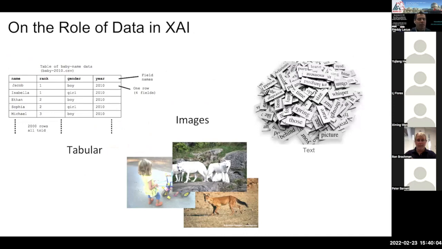On the role of data, obviously, depending on the data that you have, you will use different techniques. So obviously, if you have an image, it's much easier if you get superpixels. That usually helps people, even if some recent studies show that it doesn't really convey the message that it's an explanation.